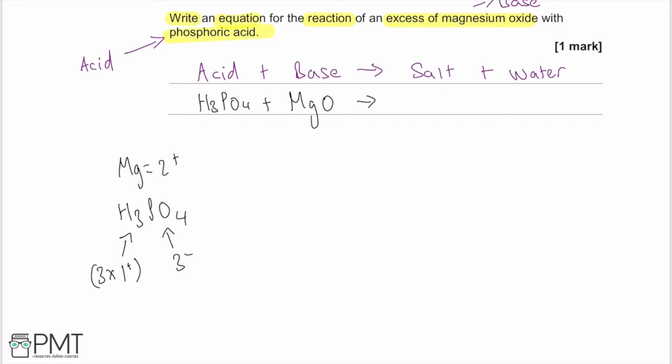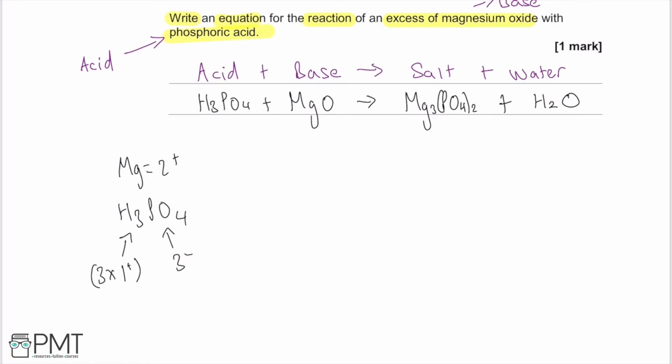So what we end up with is Mg3(PO4)2 plus H2O, where 3 Mg2+ ions are needed for the 2 PO4 3- ions, resulting in a compound with no overall charge.